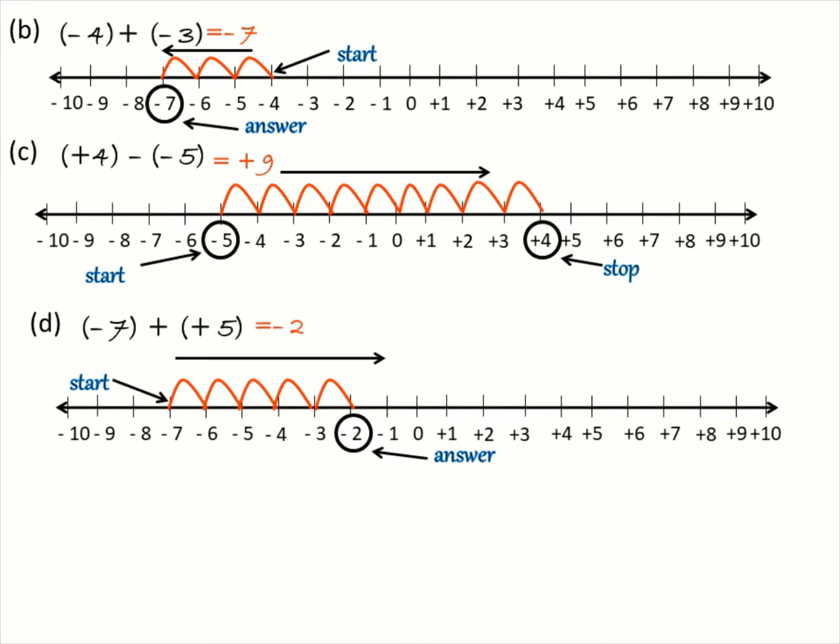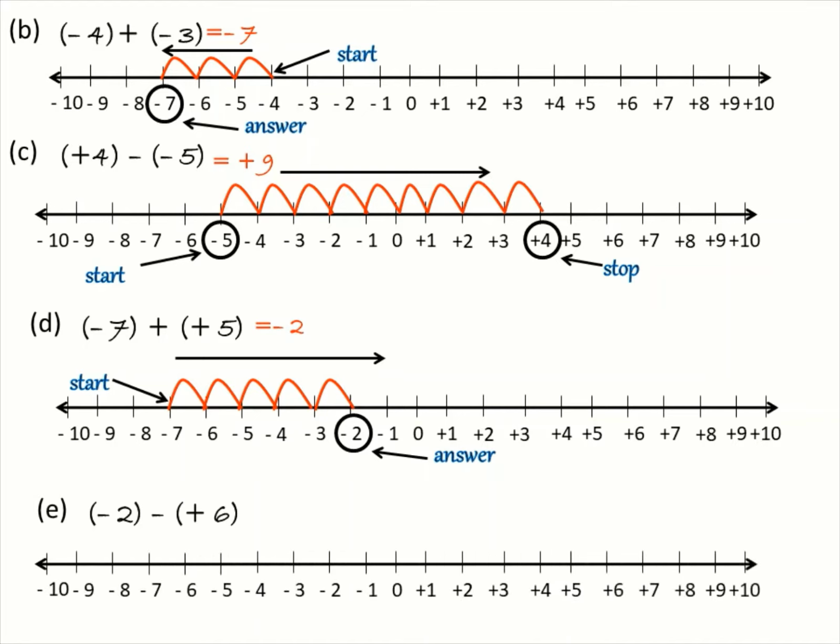Lastly, we have -2 minus +6. This is another example on subtraction of integers. So we shall draw our number line, and then from here, since we are subtracting, remember we don't start with -2. Now we will start at +6.